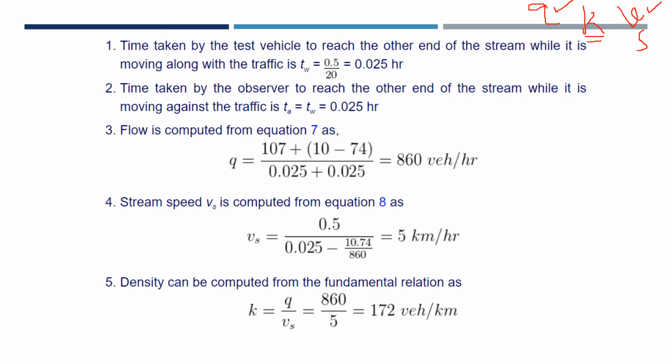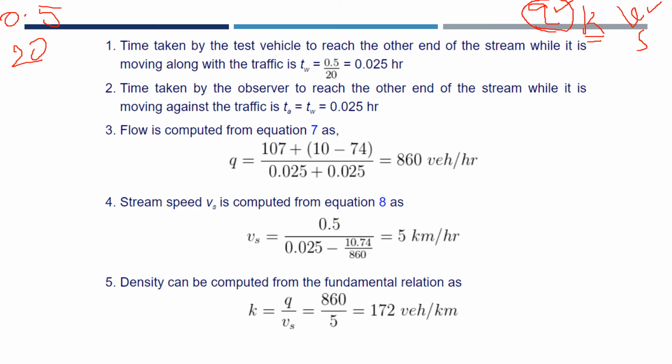So first look into the equation of flow. When we say flow, it is Na plus Ny divided by Ta plus Tw. That means you need the average travel time for each direction. In this case, you are not given the time taken by the vehicle to go from one end to the other, whereas the speed of the vehicle is given as 20 km per hour, and the stretch length is 0.5.